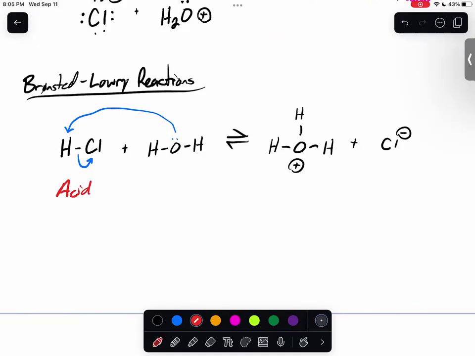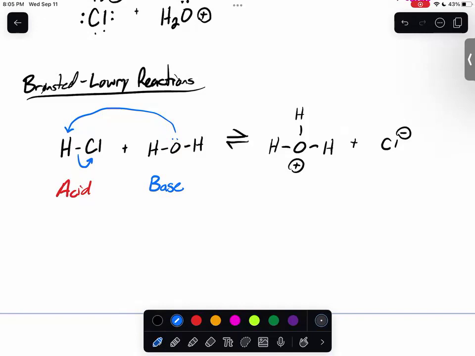Because based on the Bronsted-Lowry definition, it just has to give away a proton. In this case, it is giving away a proton to the water. That being said, the water in this case is then a base, because remember that bases accept protons, which is exactly what that water is doing. It is accepting a proton.